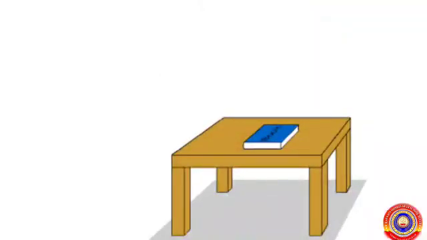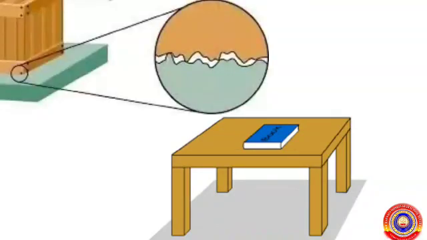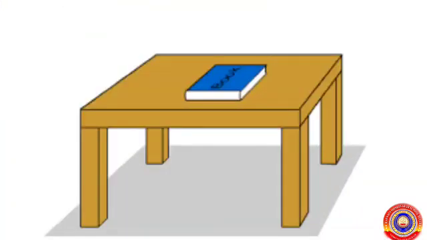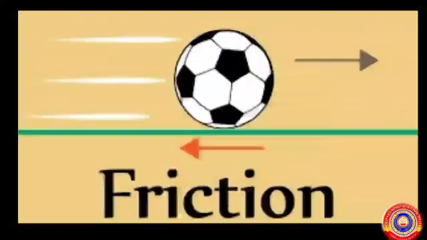When these two surfaces are in contact with each other, they get interlocked. Then we try to move a body by applying a force parallel to their surfaces and an opposing force is experienced. This causes friction. And this force is frictional force.